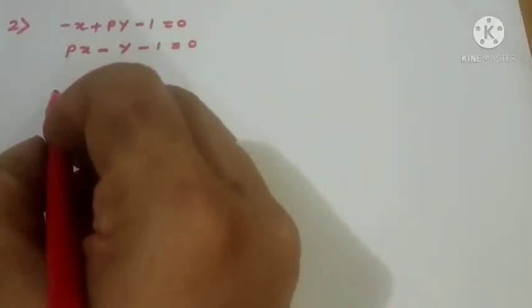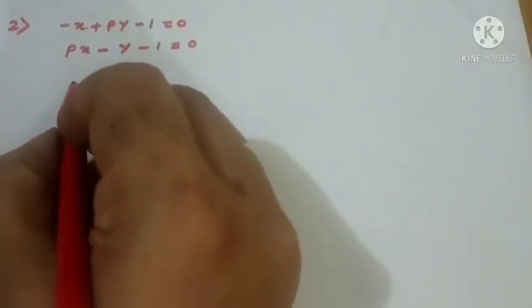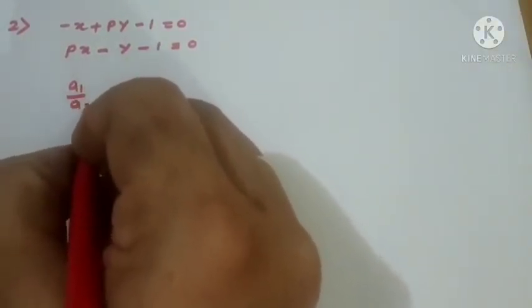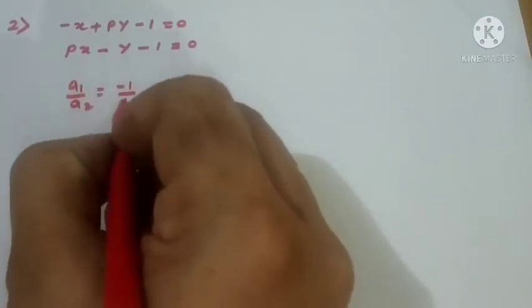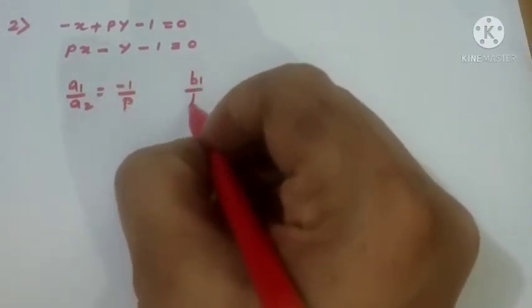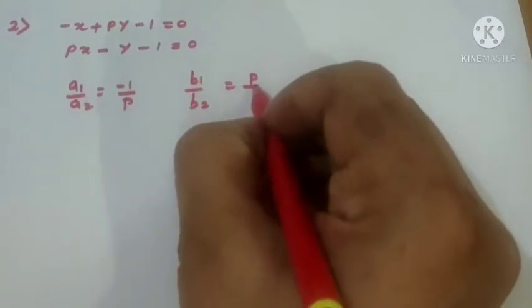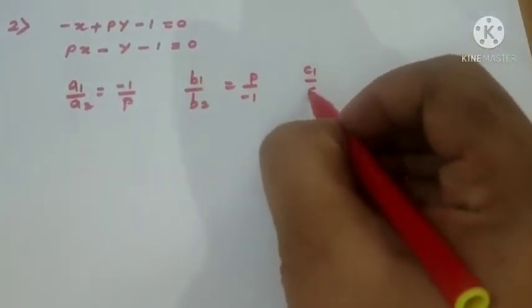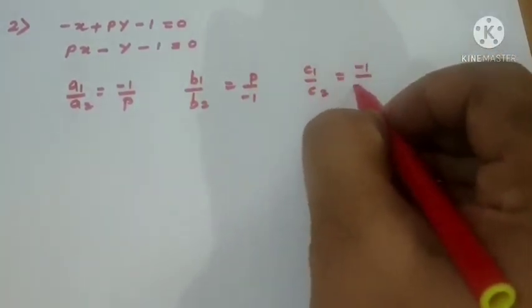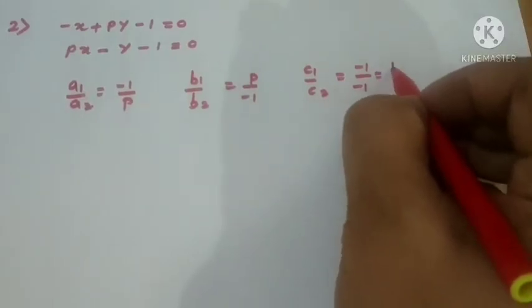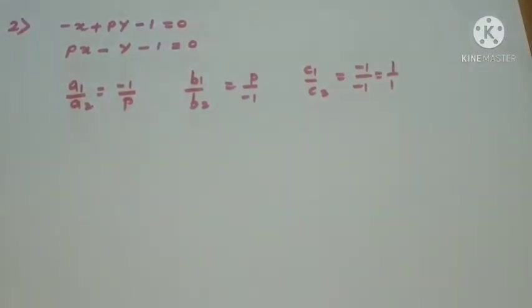Now we should write a1 by a2, b1 by b2. So a1 by a2 is equal to minus 1 by p. b1 by b2 equal to p by minus 1. And c1 by c2 equal to minus 1 by minus 1 equal to 1 only, or we can write 1 by 1. Right? Now what is the condition?